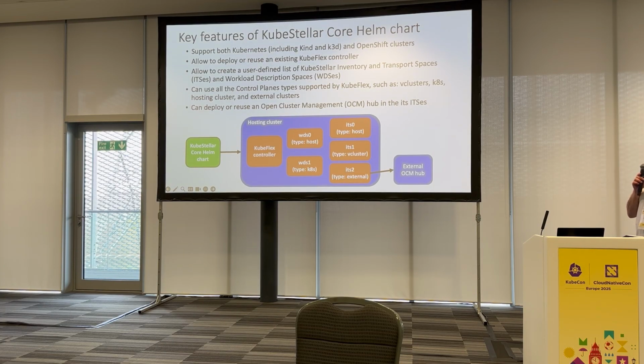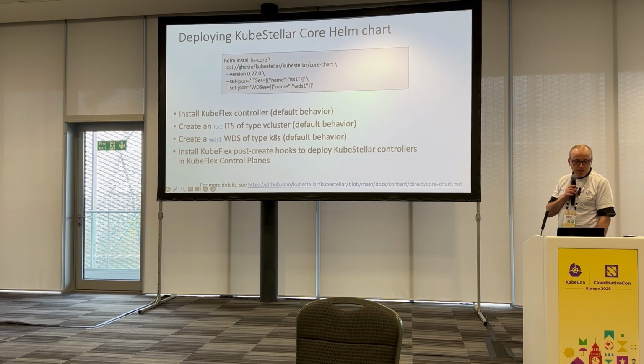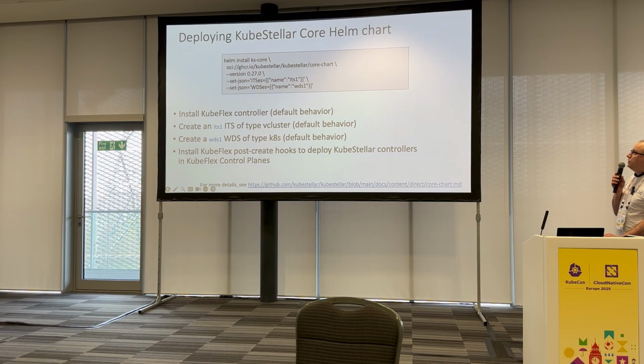We can also, through the Helm chart, decide to deploy or reuse an existing Open Cluster Management in the ITSs. So this is an example of a basic deployment that we can do with the Helm chart. As you see, we reference the KubeStellar core chart with a specific version. I think now we are at 0.27.2, I believe.